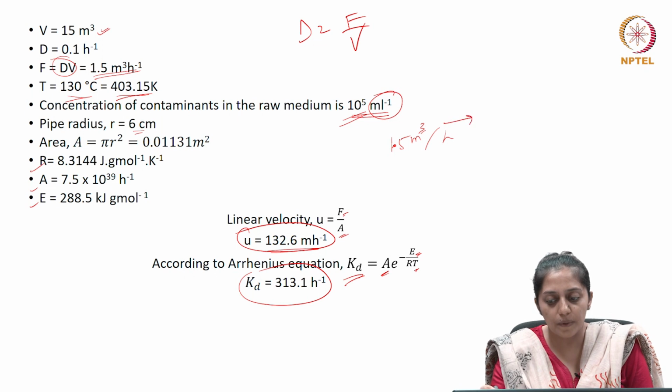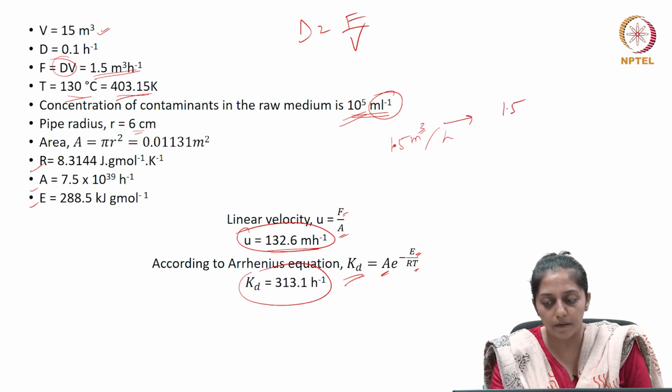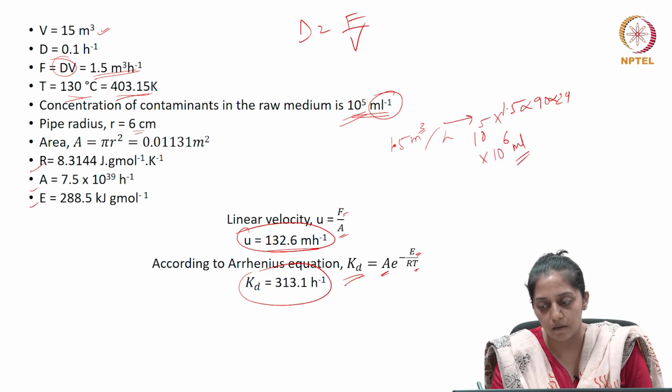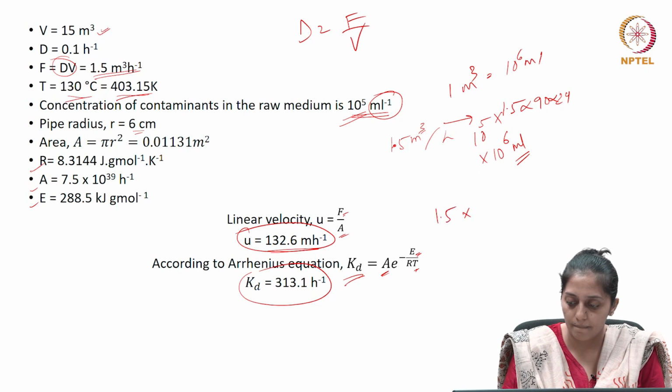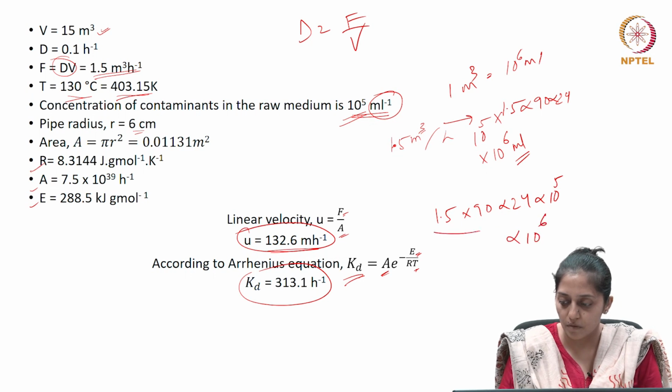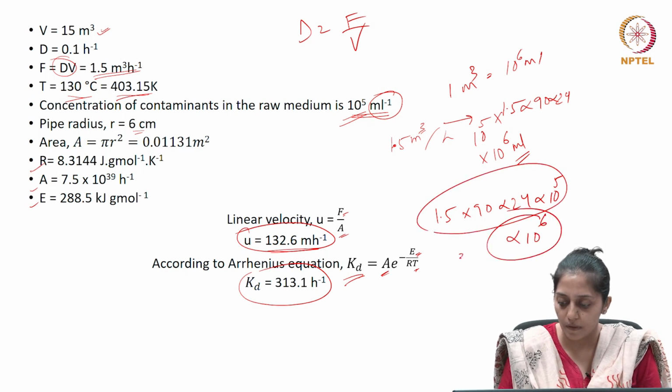So, this will be 1.5 into 90 into 24 meter cube processed, into 10 to the power of 6 ml per meter cube, into 10 to the power of 5. So this will be the total amount of cells.